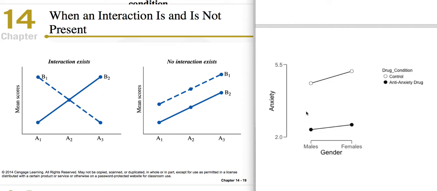So we can see that in the control condition, anxiety was much higher than in the anti-anxiety drug condition, but when you look at males and females, their results tend to not change in the same way that there's a massive change between these two levels of the drug condition. So that is the simple interpretation of these results.